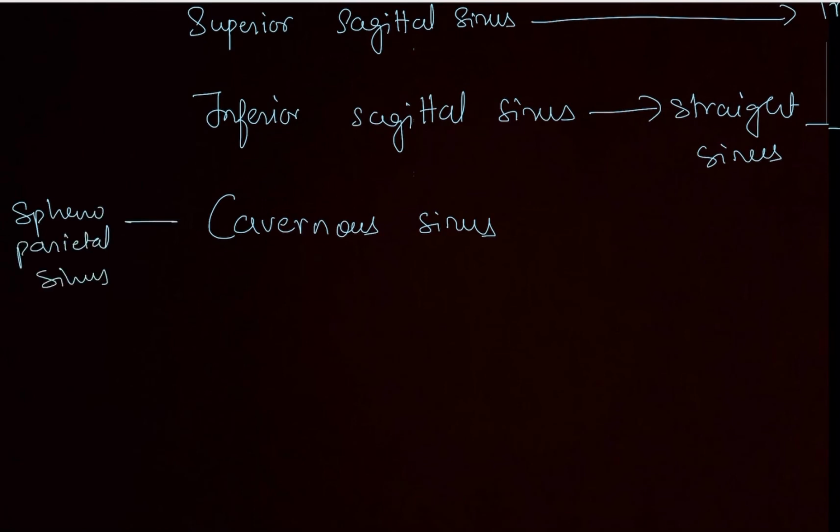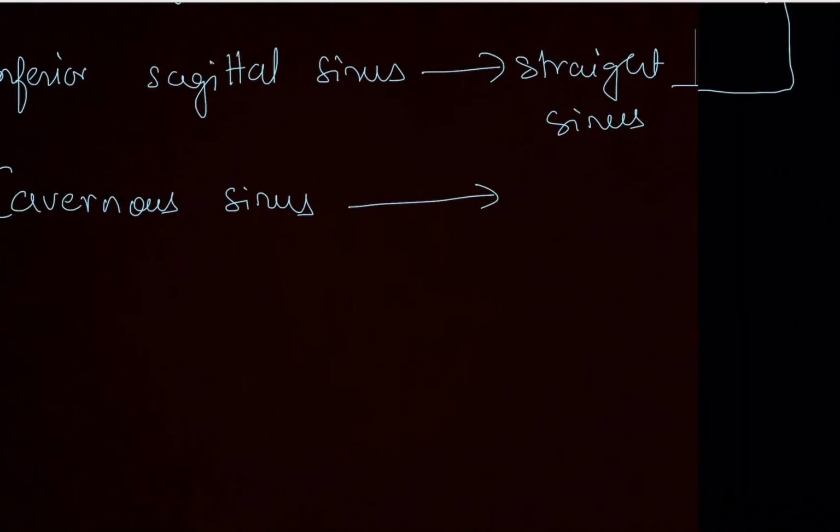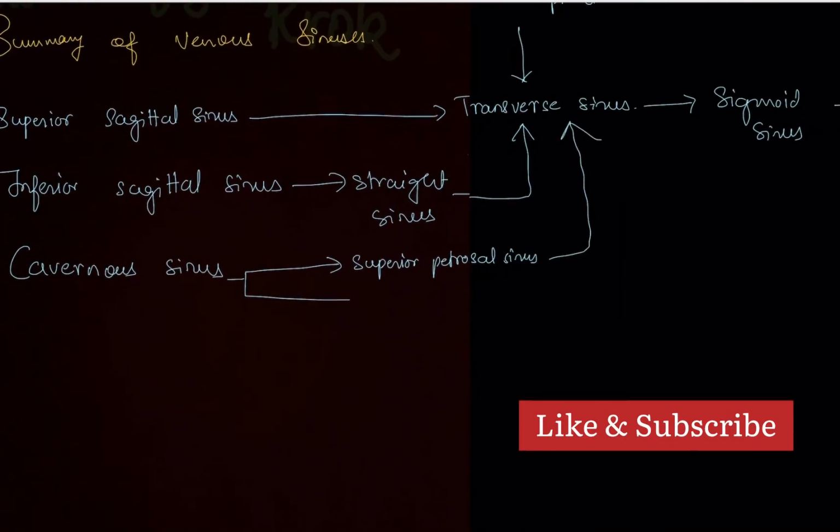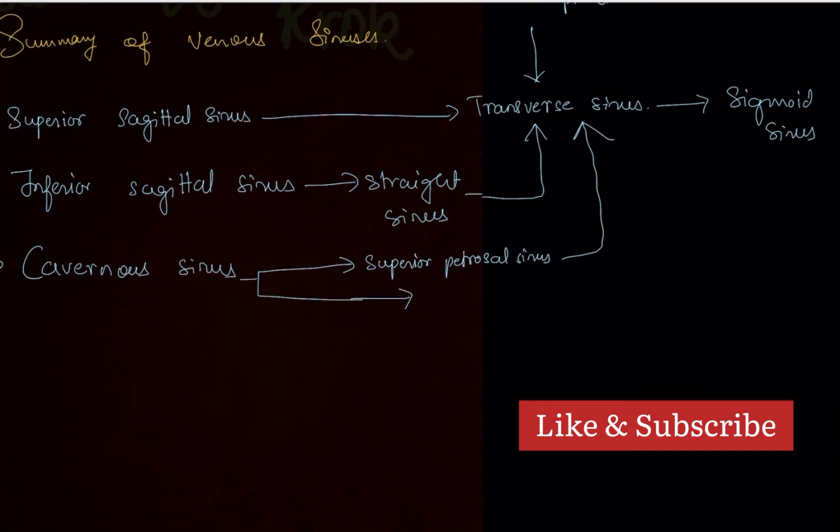The sphenoparietal sinus will drain into cavernous sinus. The cavernous sinus will give two things. First, the superior petrosal sinus, draining into the transverse sinus. Then you have the inferior petrosal sinus, draining into the sigmoid sinus.